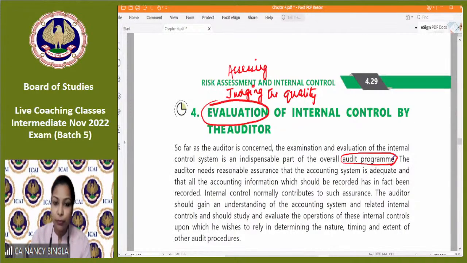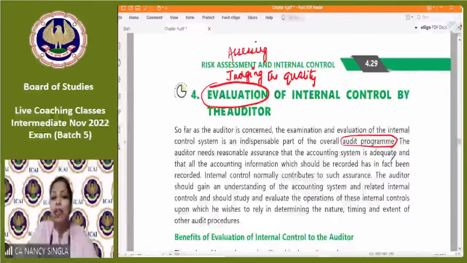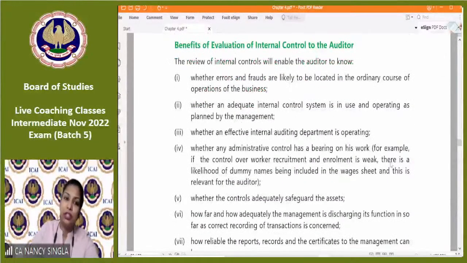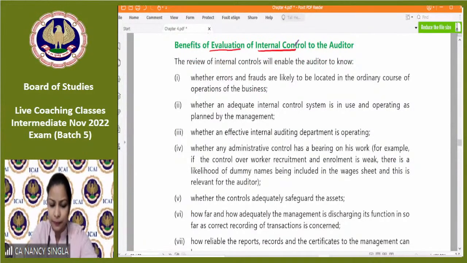Now what is the benefit of evaluation of internal control? Very simple, very basic points. What are the benefits of evaluation of internal control to the auditor when the auditor is assessing the quality? Now see, internal control exists, but the quality is not good. It is not effective.